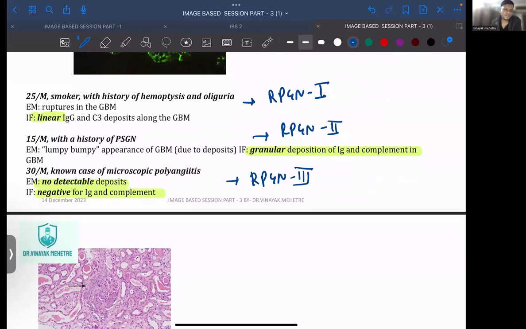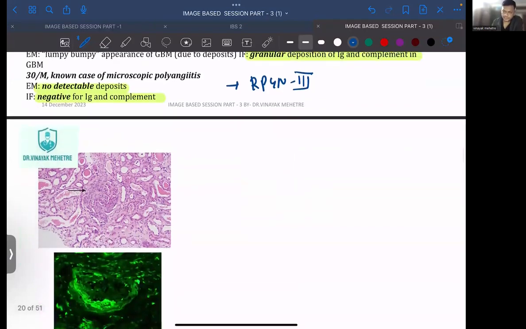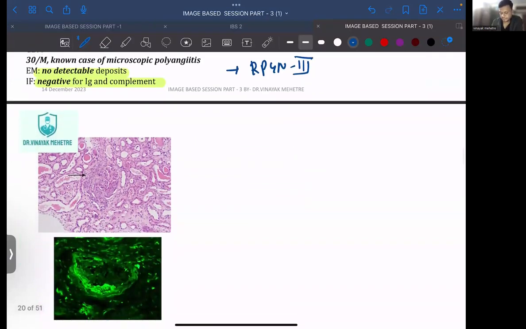Now tell me, type 3 RPGN is associated with which one? You know this one. We have seen the associated syndromes with type 2 as well as type 1. Correct, remember, RPGN 3 is associated with ANCA. They are ANCA positive, right?